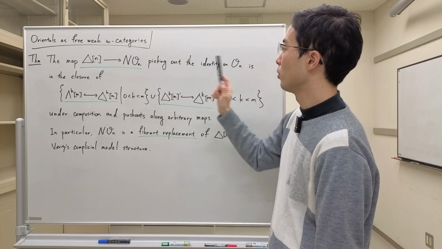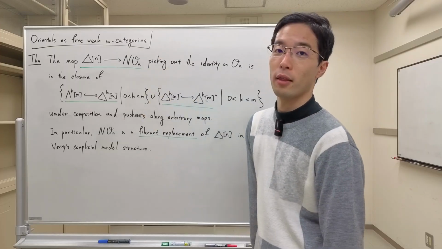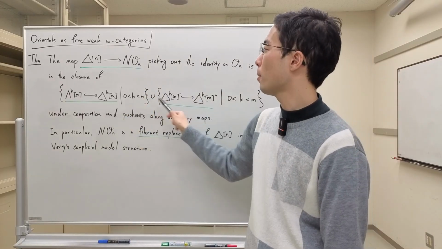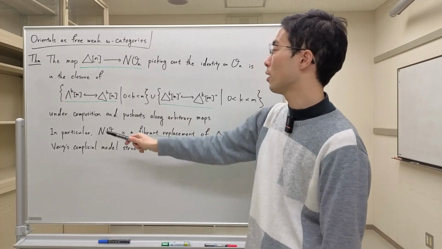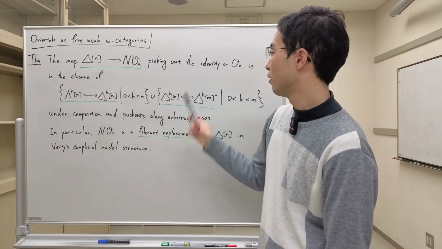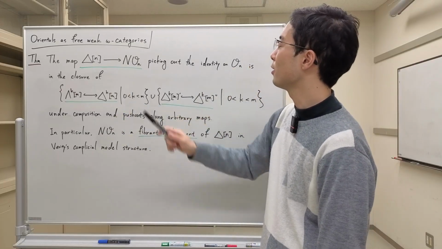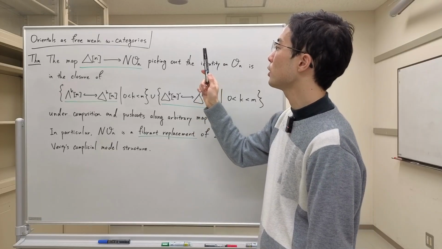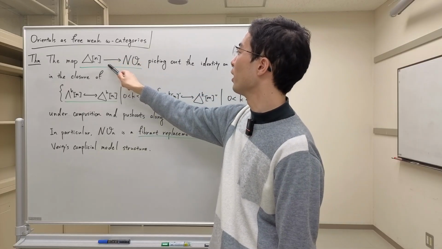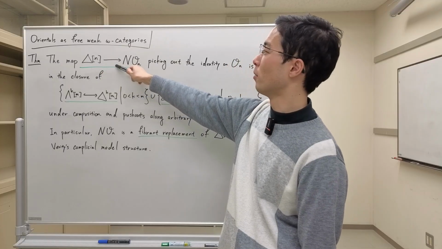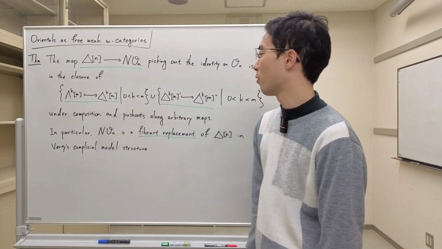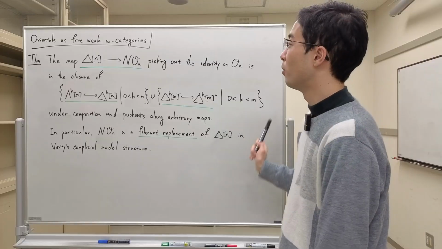The nerve of the nth Oriental is a weak complicial set, so it's a fibrant object, and these maps are trivial cofibrations in the model structure. So is this map, being a composite of pushouts of these things. So we have a trivial cofibration into a fibrant object, so this nerve of the nth Oriental is a fibrant replacement of delta n.